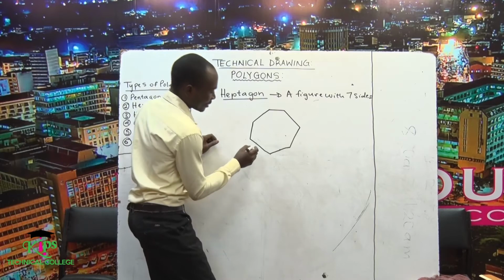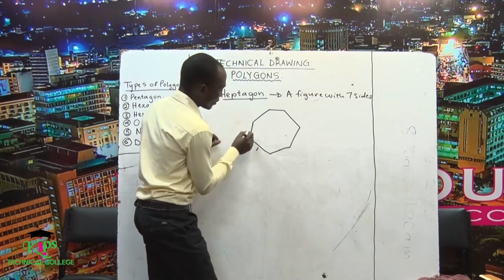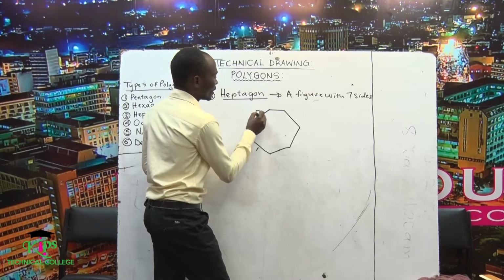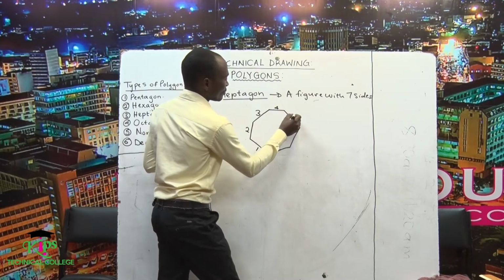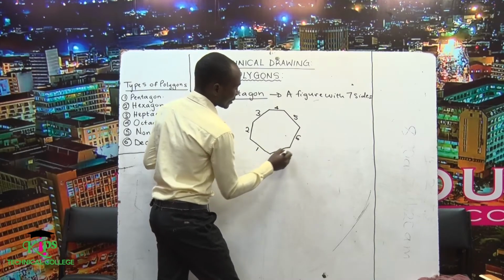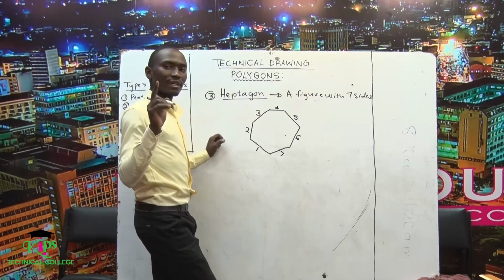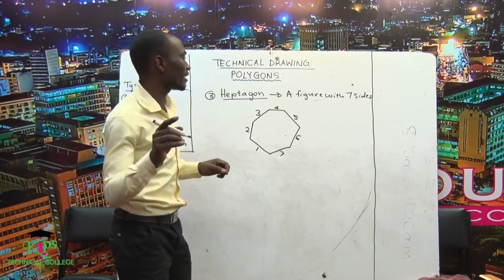So it is like this. We have got 1, 2, 3, 4, 5, 6, 7. For instance, it has got 7 sides.